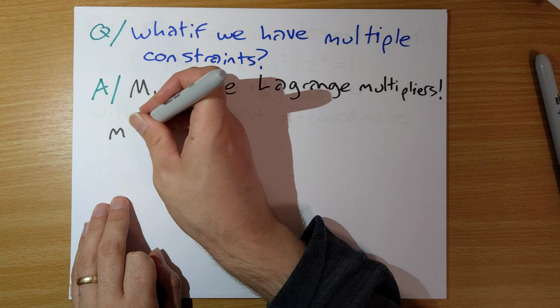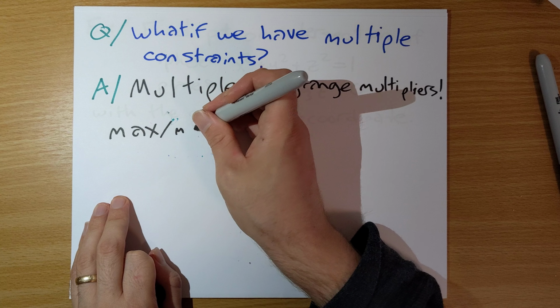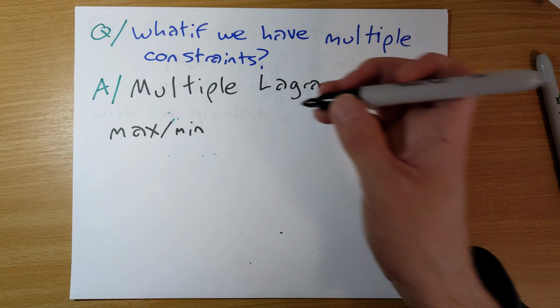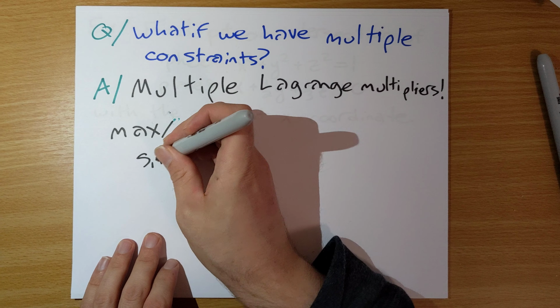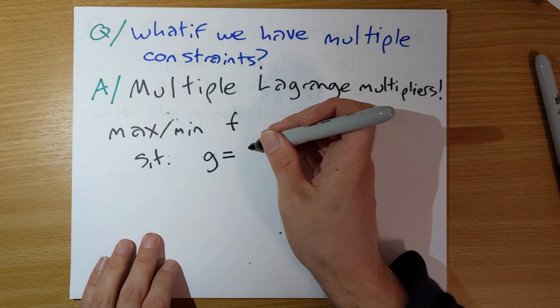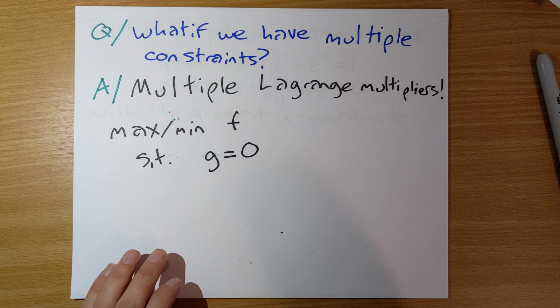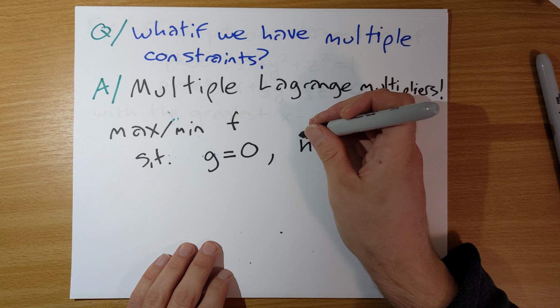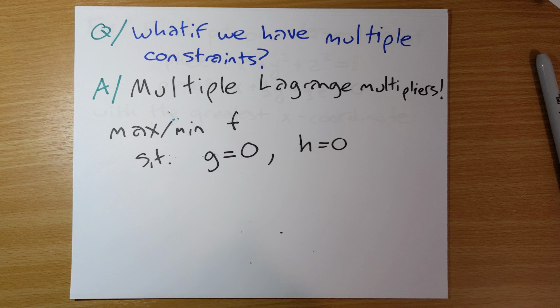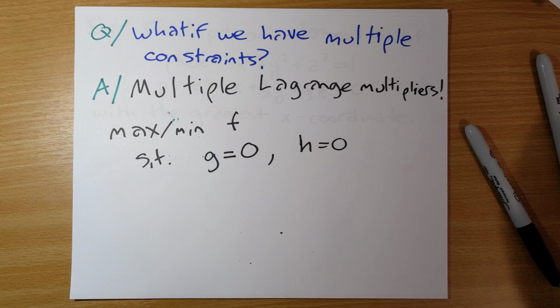So let me just write down a fake problem here. Suppose you want to maximize or minimize some function f subject to the constraint that g is equal to 0, but also subject to the constraint that h is equal to 0. Okay, well, what do we have then?